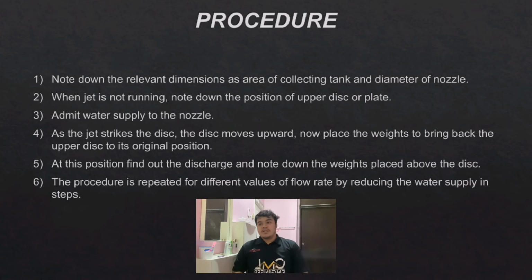Now the procedure. Number 1, note down the relevant dimensions such as the area of the collecting tank and the diameter of the nozzle. Number 2, when the jet isn't running, note down the position of the upper disc or plate. Number 3, admit water supply to the nozzle. Number 4, as the jet strikes, the disc moves upward.